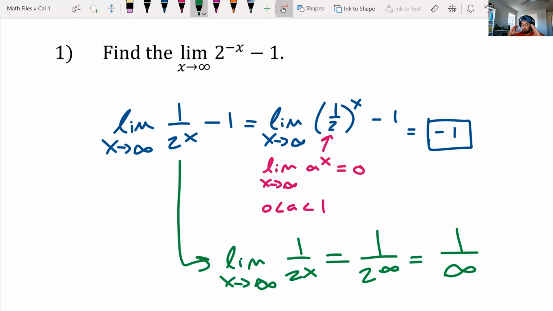So if your numerator remains a constant number, but your denominator keeps getting increasingly large, then 1 or any constant number over infinity is always going to be equal to what number? 0. So that's just another way to look at it as well.